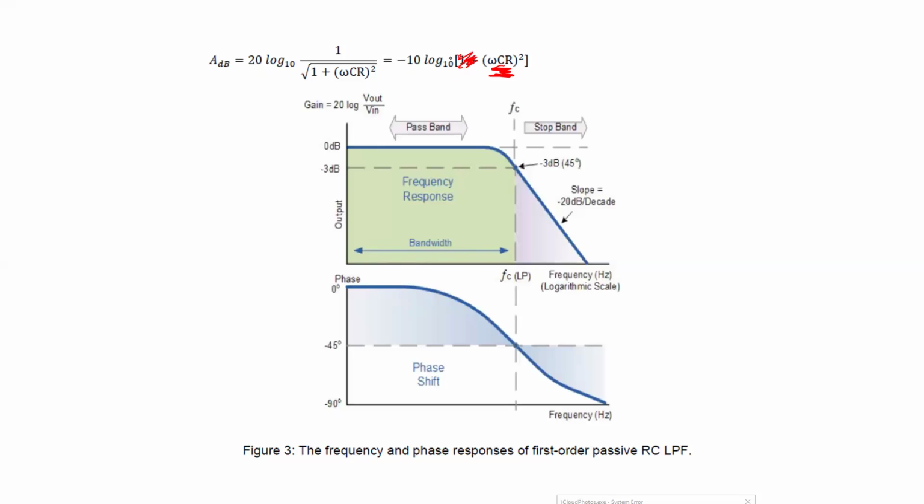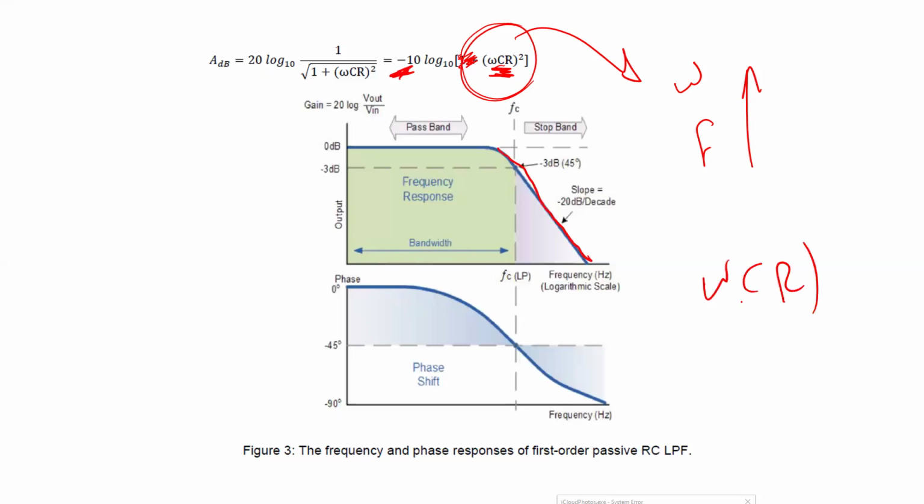In this equation, as you increase omega, which is the same thing as frequency, this value increases, and because it is negative here, the curve will go down. When you take the log, because it is negative, it gets smaller. So this is the frequency response.